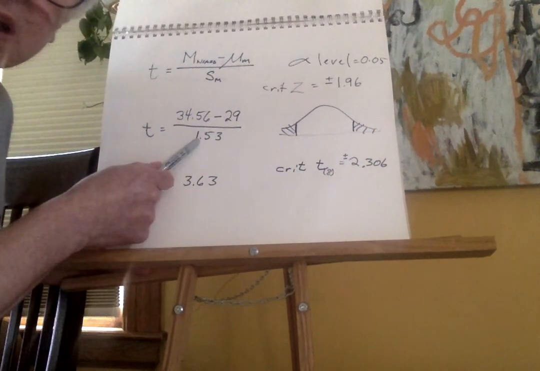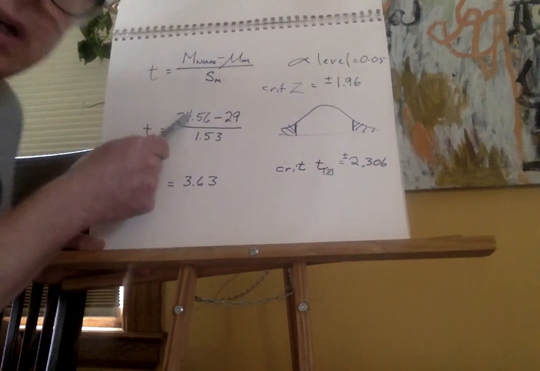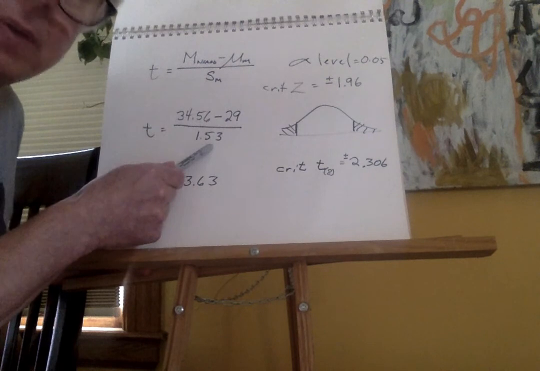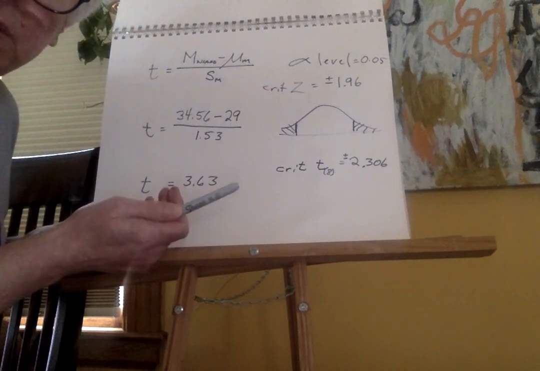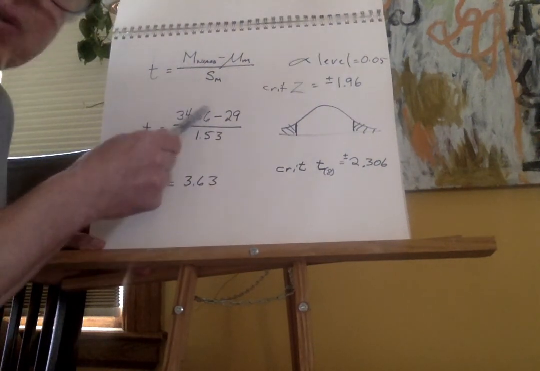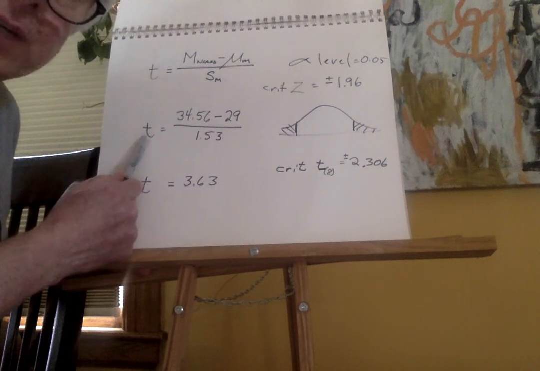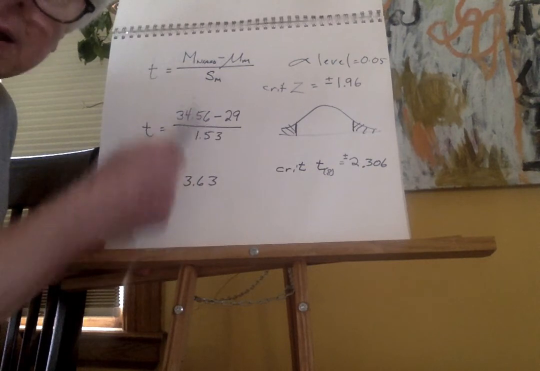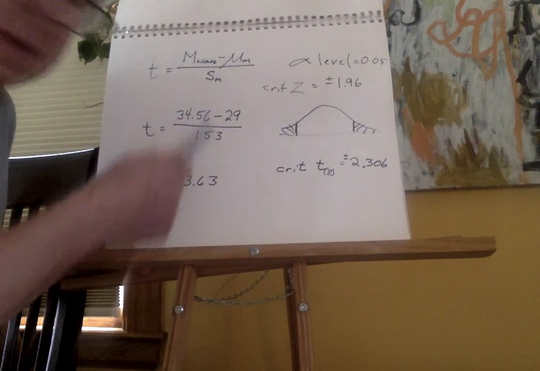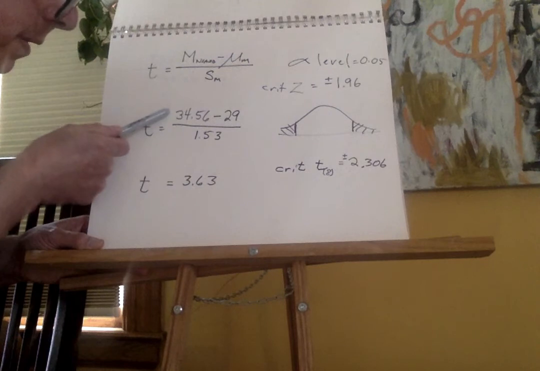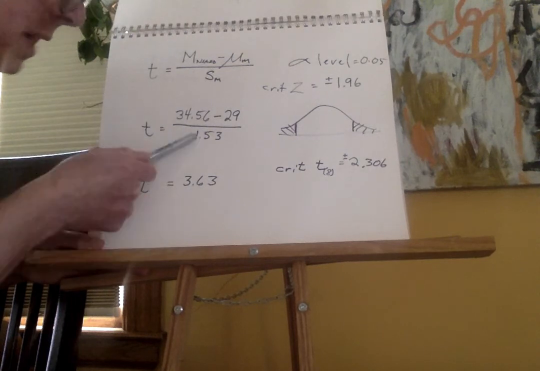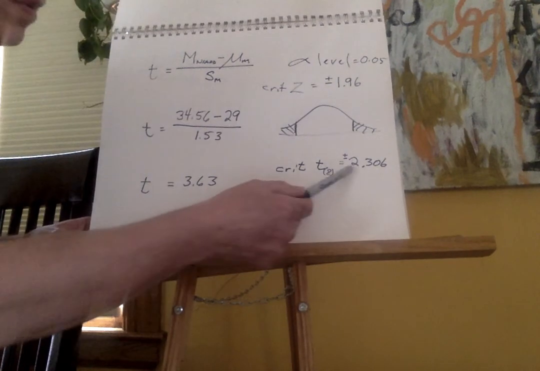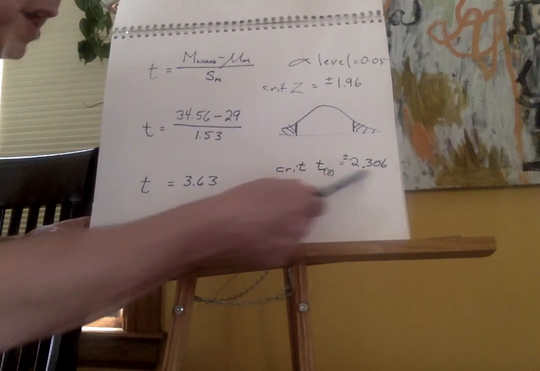What I want to see is that the top is twice as big as the bottom. That would give me a t value of 2, okay? If the top is 3 times the bottom, then a value of 3. If the top is 4 times the bottom, then a value of 4, okay? It's that relationship here. In this case, the top is 3.63 times the bottom. And if we look up the critical value, still around 2, right?